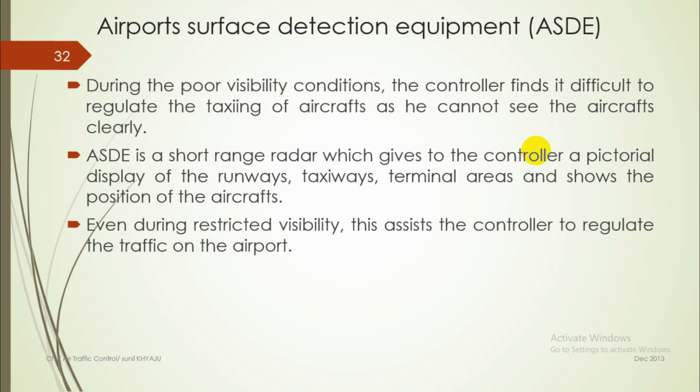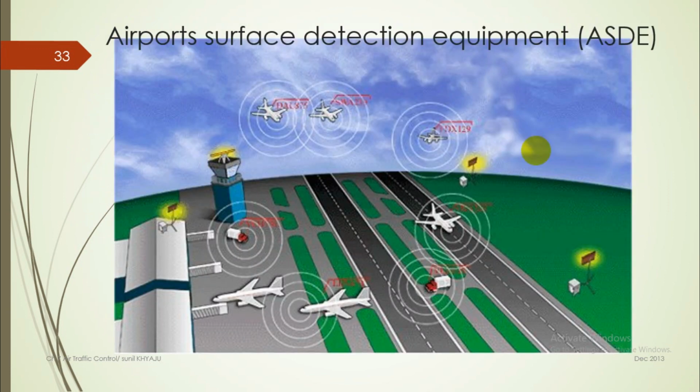Even during restricted visibility, this assists the controller to regulate the traffic on the airport. This is the picture showing the airport surface detection equipment, showing the position of all aircraft and vehicles within the airport area.